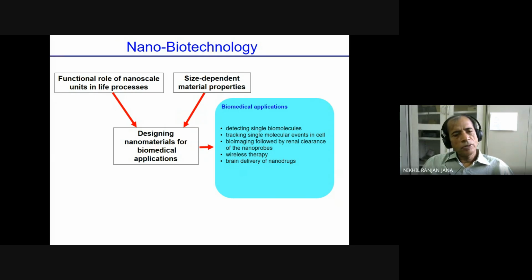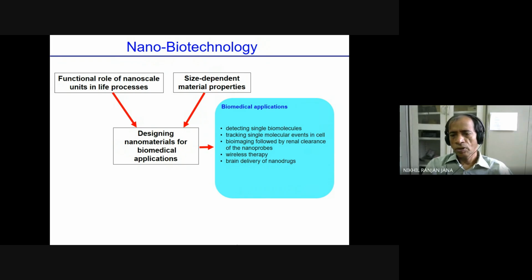And in nanobiotechnology, what we try to do is understand the functional role of nanoscale units in life processes. And separately, we have an understanding of size-dependent properties of materials. We try to bridge these two knowledges to design new nanomaterials that can be used for unique biomedical applications.